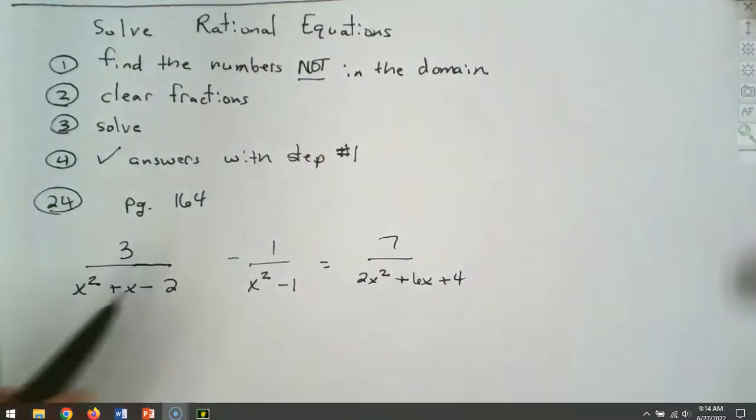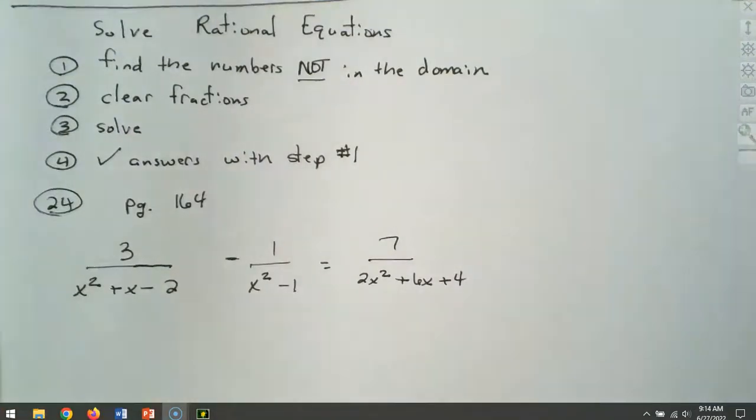Okay, so this is what we're going to try to solve. And it looks a lot more complicated than it actually is, because we're going to work with this one, and this is not going to be difficult. It looks complicated, but it is really not.